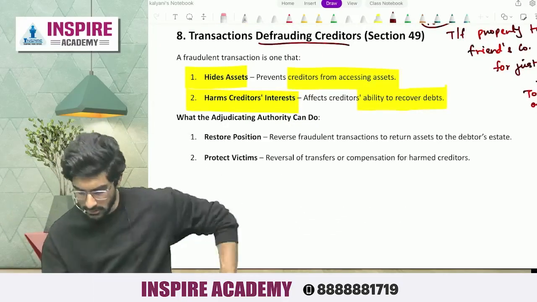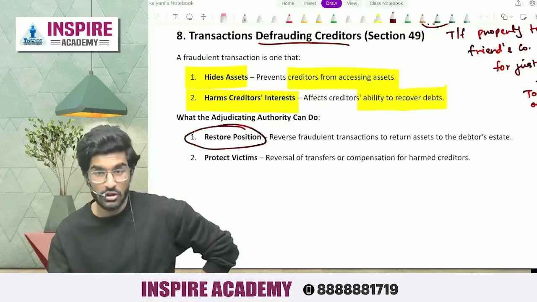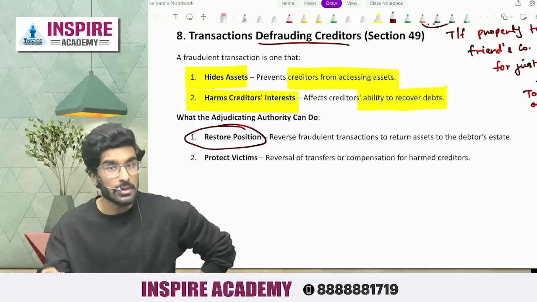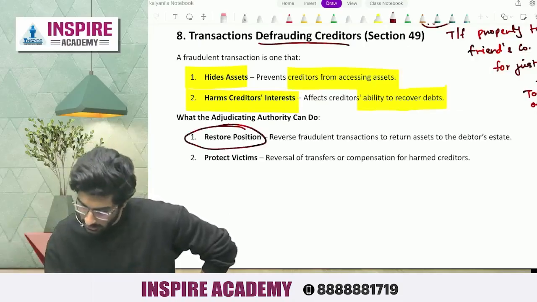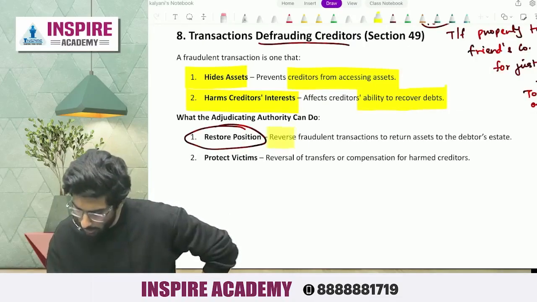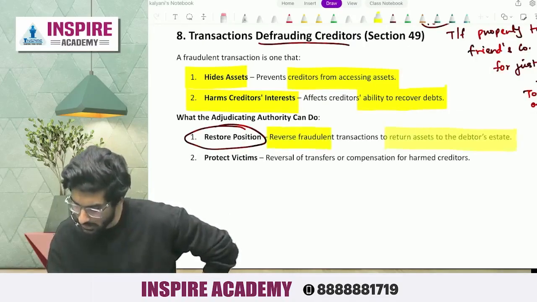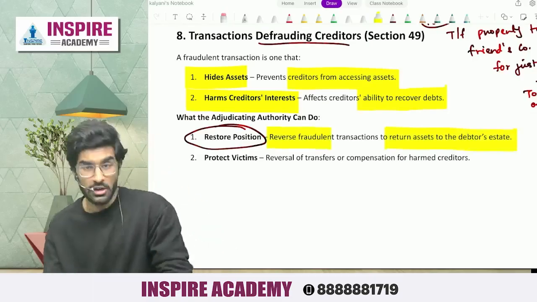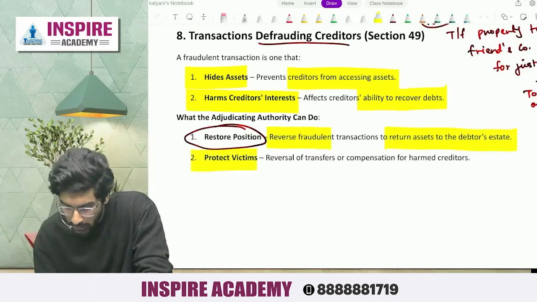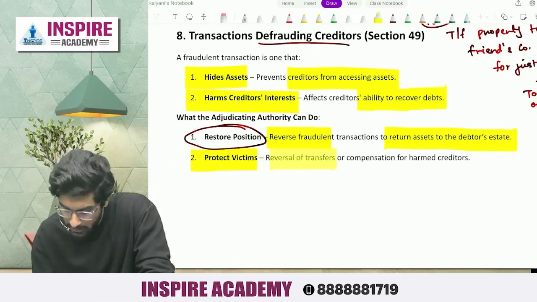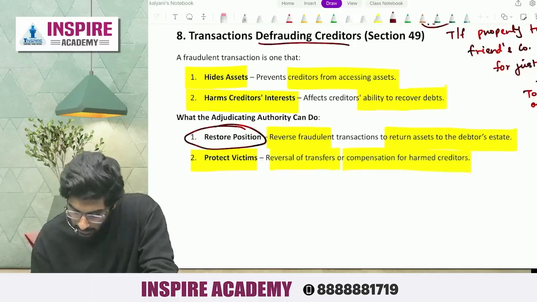Now, what could be the possible orders that can be given by NCLT? Two types of orders. Restore the position of the creditor as if this transaction would never have happened. Reverse the fraudulent transaction to return assets to the debtor's estate. Number one, estate means liquidation estate. Number two is protect the victims. Reversal of transfers or compensation for harmed creditors.